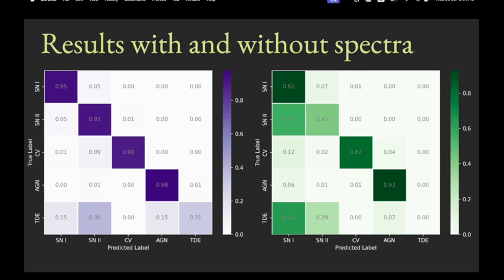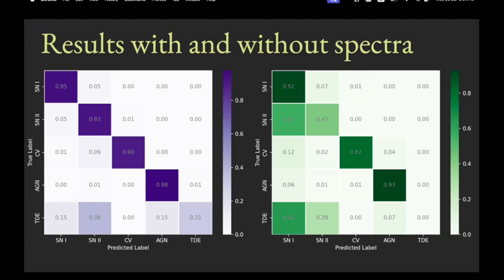And as soon as we also have this modality, we can see how the confusion matrix changes. So we have very nice classification for supernovae 1 and supernovae 2. However, you will see here, for TDEs, for example, there is some confusion.